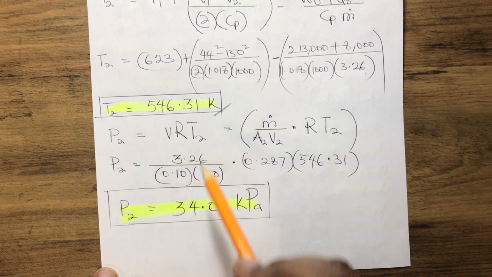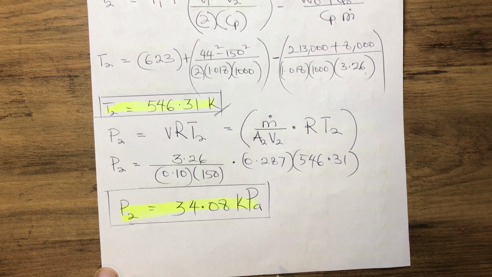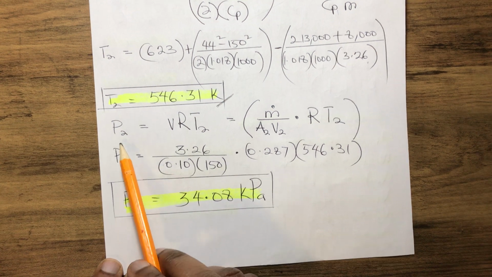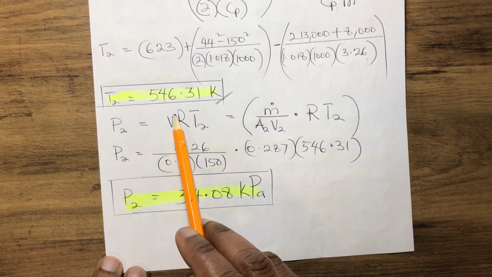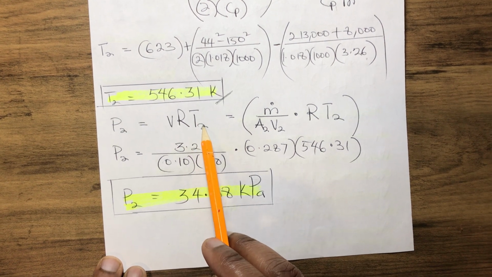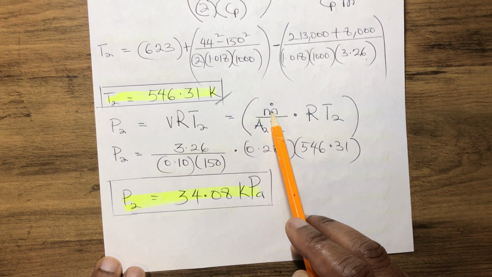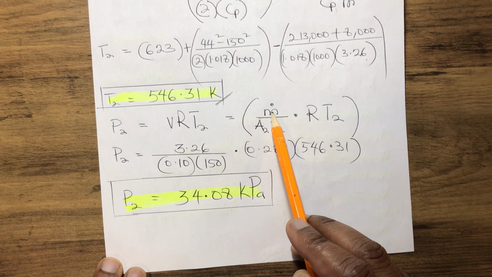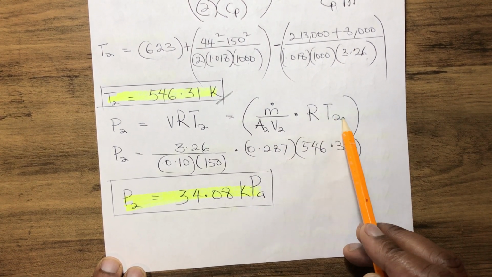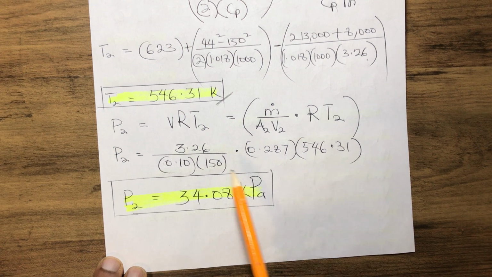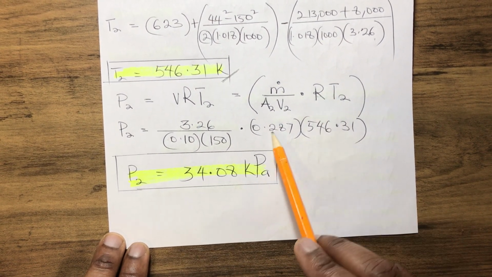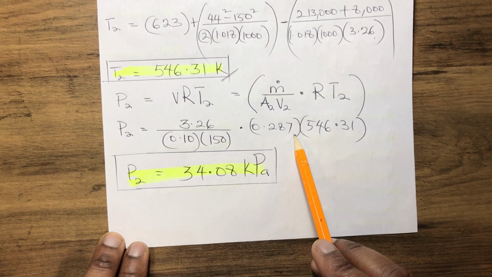Now, by finding the second temperature, to find our exit pressure, we have P2 equals the mass flow rate m over A2 over V2 times R T2. Don't let us forget R is a gas constant, which is being given as 0.287.